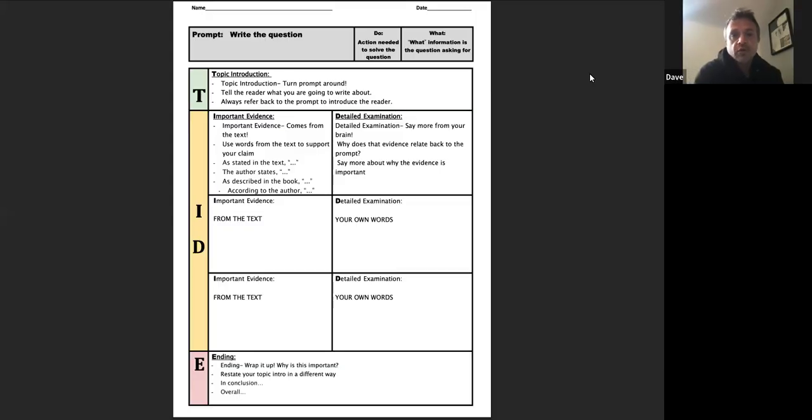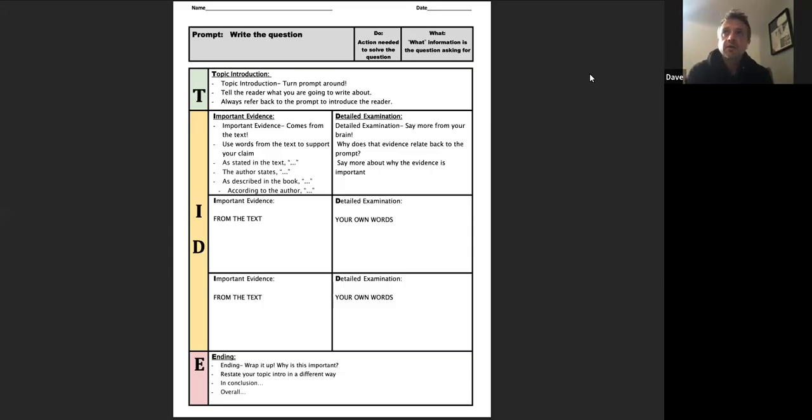The what. The what part is the information. What are they asking me for? Are they asking me for people's response to natural disasters? Are they asking me for evidence that shows this character was good or this character was bad? Right? There's something that they're asking me for. In addition, they may ask you to add the oranges and the apples.